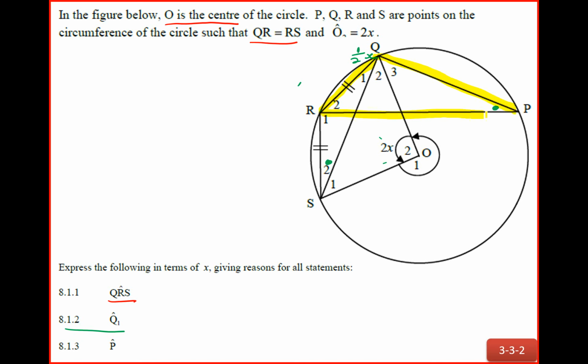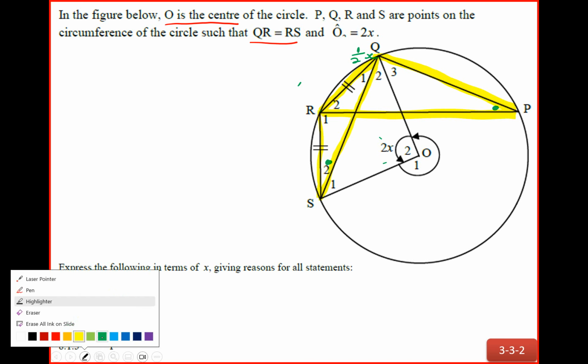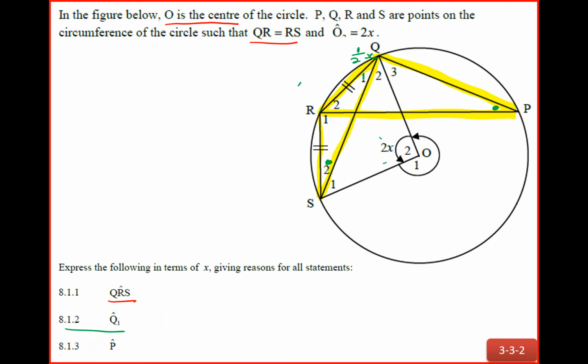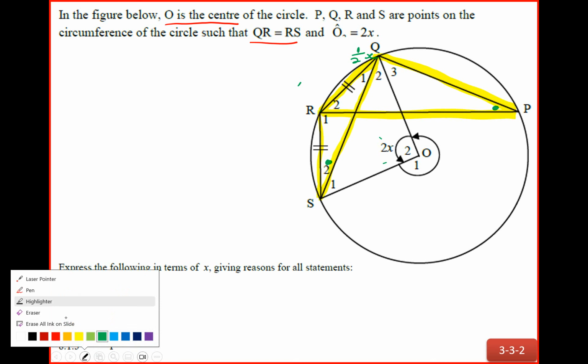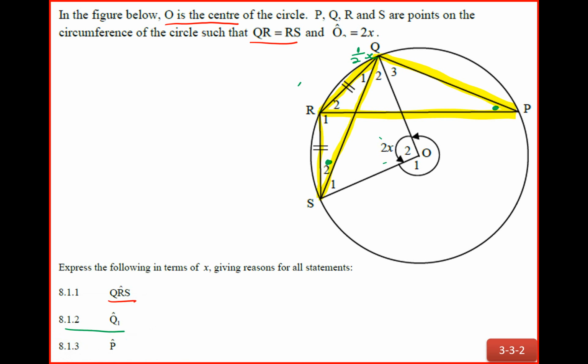And we have angles in the same segment. Okay, and then we have angle P is equal to S2.